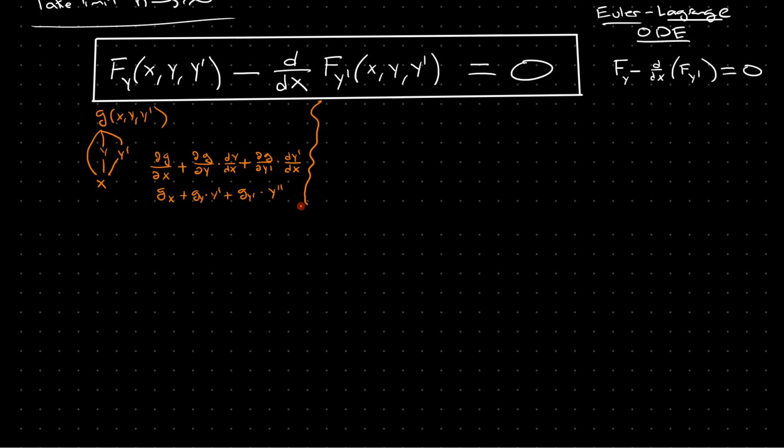So in the brachistochrone problem, the function f does not depend on x, so it makes the x partial derivative here equal to 0, which means if g_x equals 0, then the derivative of this expression with respect to x is just g_y times y prime plus g_y prime times y double prime.